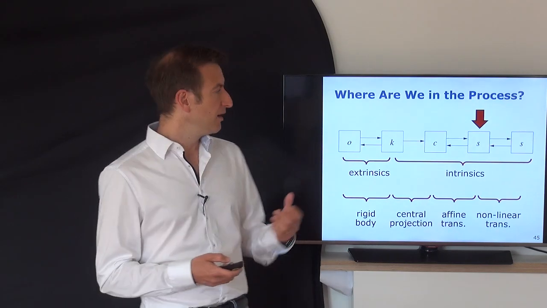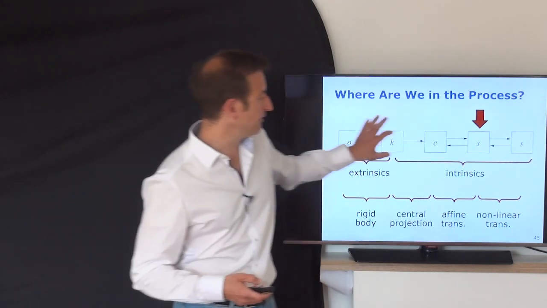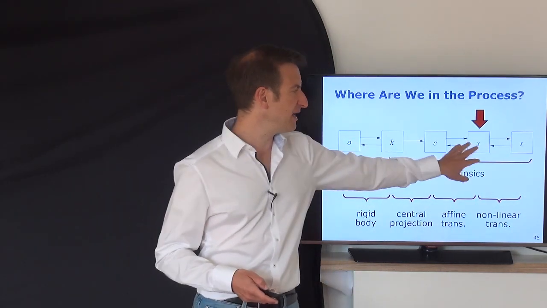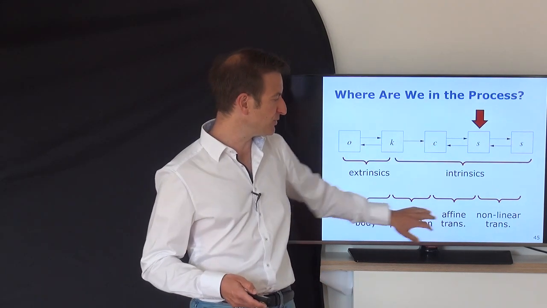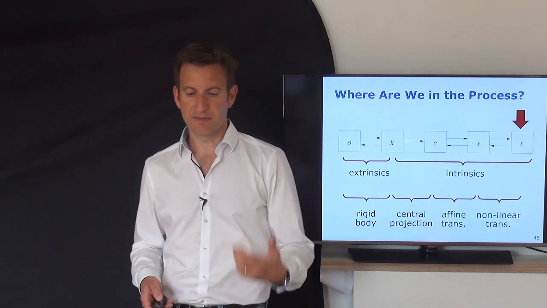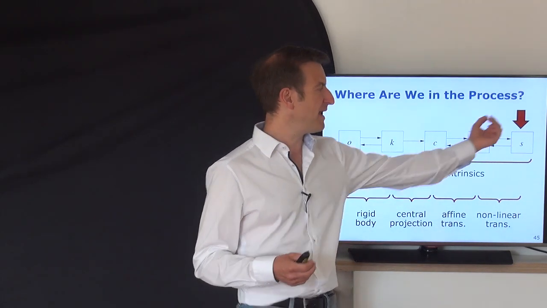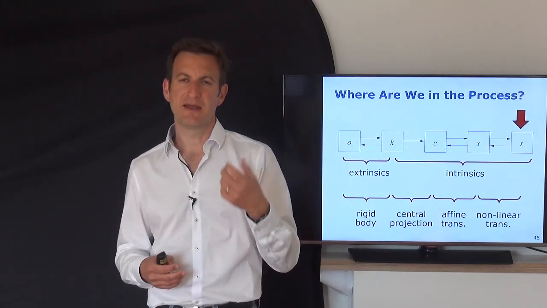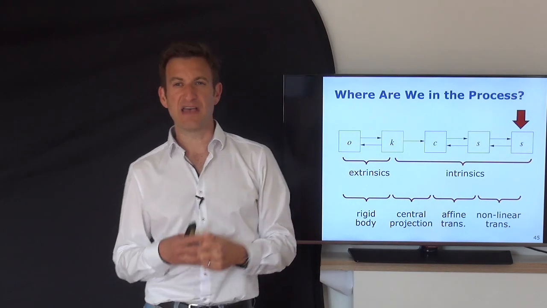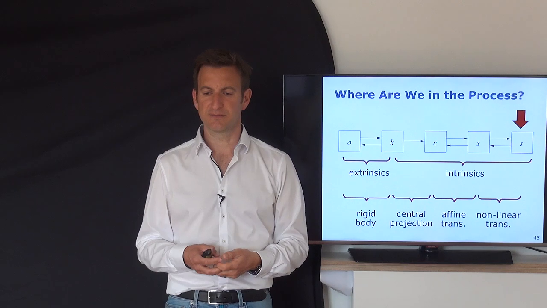The nonlinear errors, of course, happen in the whole pipeline from K to S. But we say, okay, let's keep that part linear with the central projection and the affine transformation, and then have only the nonlinear aspects encoded as a mapping from S into the sensor frame, taking into account that some nonlinear effects have happened and trying to compensate for those nonlinearities.